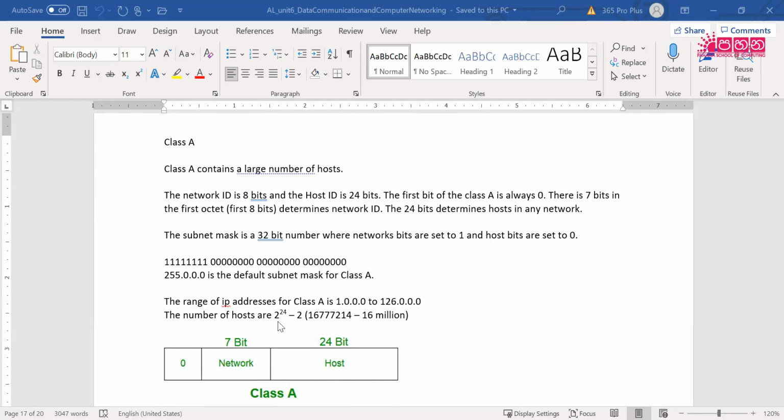We have to subtract 2 here because there are 2 very specific addresses. 0.0.0.0 and 127.0.0.0 are special ones. They are not counted. That's why you subtract 2 here. So approximately we can have 16 million hosts.